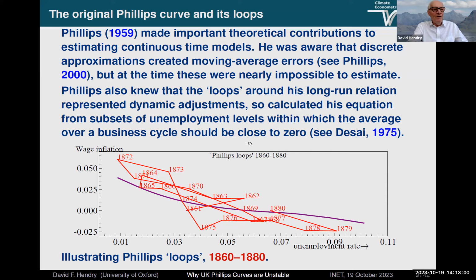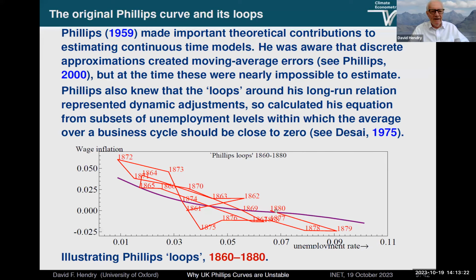So in order to adjust for this, he calculated his equation from subsets of unemployment levels within which the average over a business cycle should be close to 0. And this is recounted by Meghnad Desai in his paper. And here are Phillips loops around his curve. Now, the best way to see these, I've only picked 1860 to 1880 because otherwise it's a mess.